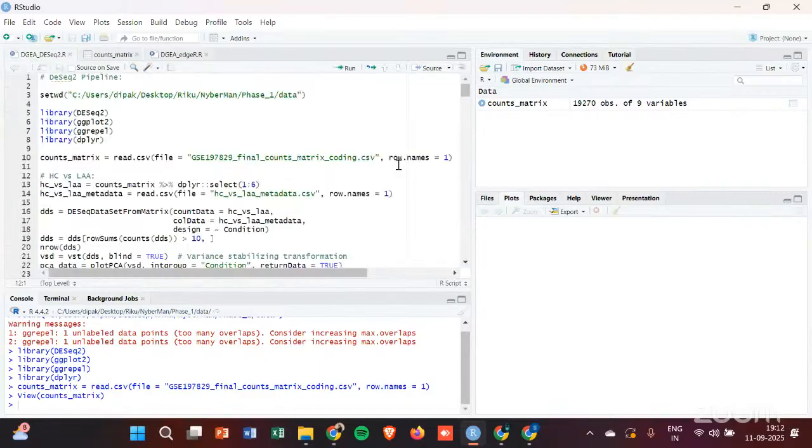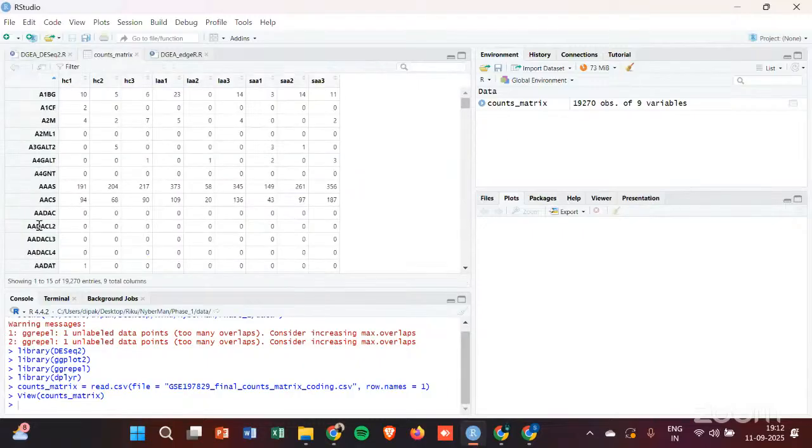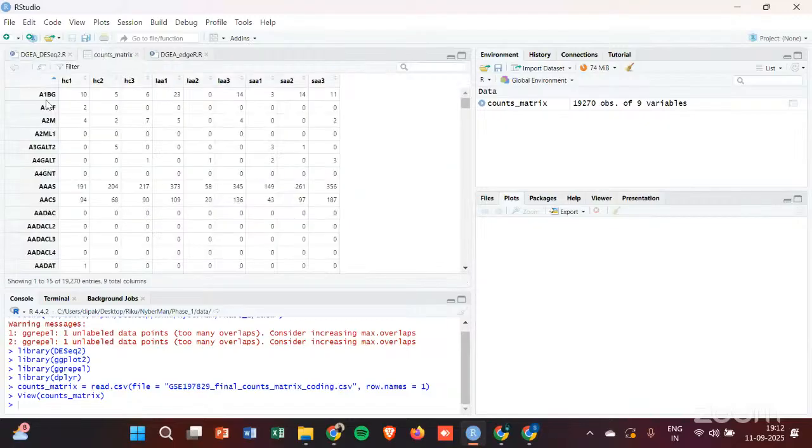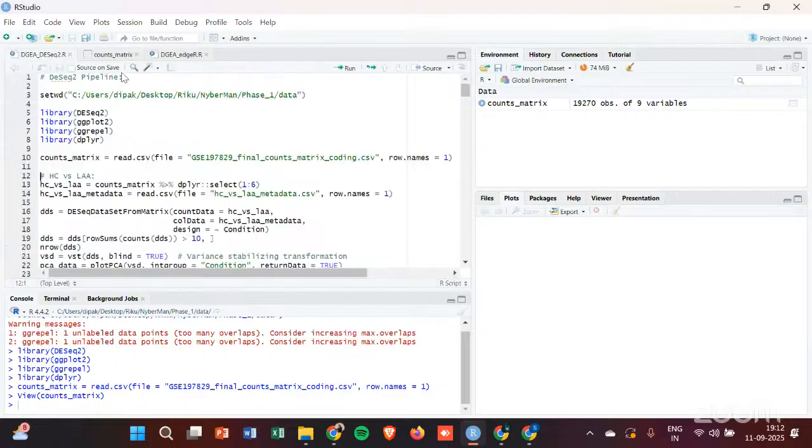And the reason I used row.names equal to 1 is because in my CSV file, the first column was actually these gene names. If you remember, we saved it like that. We did row.names equal to TRUE when we did the write.csv in the pre-process counts matrix. That is why the gene names also got saved as part of the CSV file. And since we want the first column as the row names, we put row.names equal to 1 here.